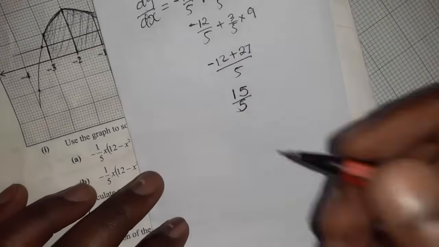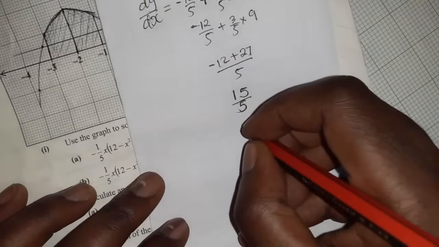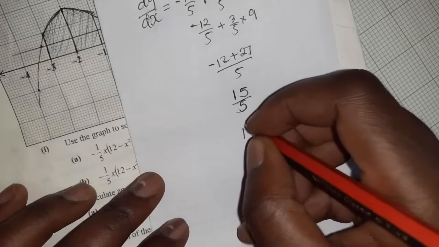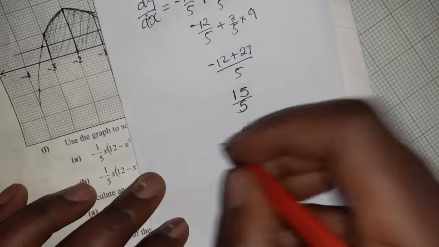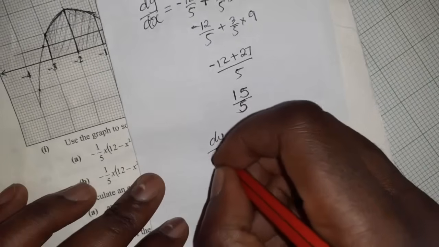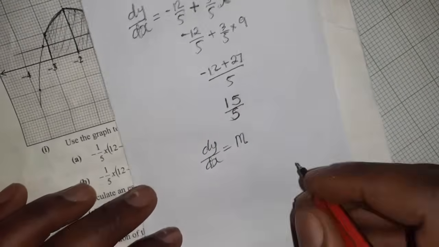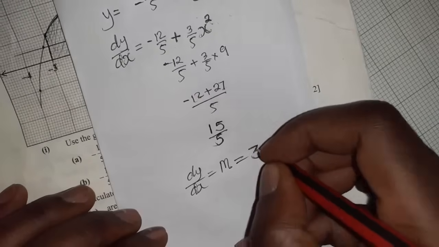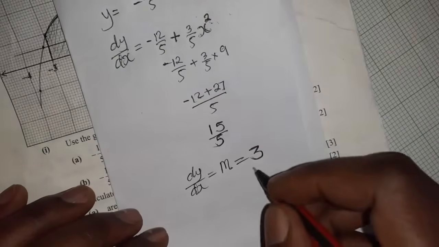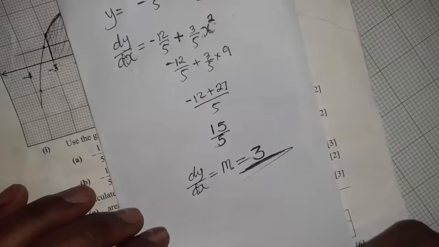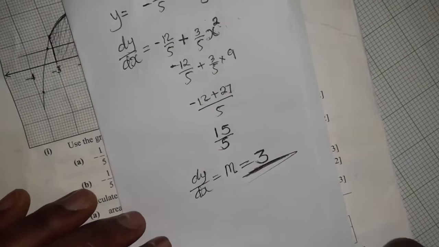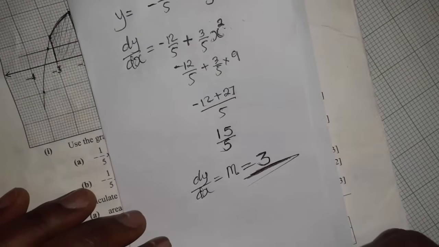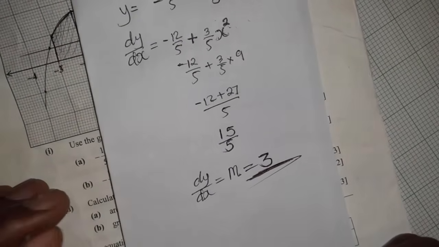So what is our gradient? Our gradient, which is dy dx, sometimes denoted by the letter m, is equal to 3. This is our gradient here. Okay, are we together, ladies and gentlemen? Let's move on.